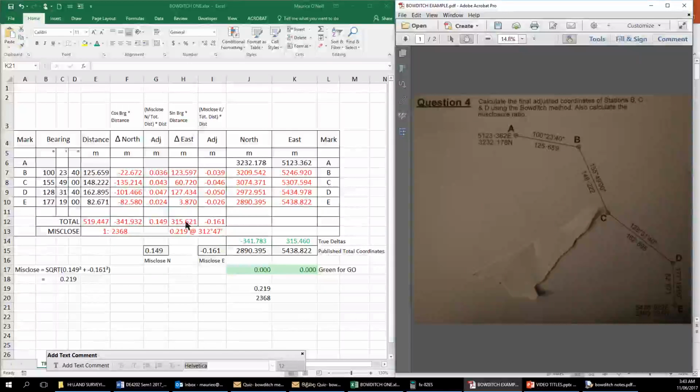Okay, and then using those differences, we worked out our Bowditch adjustment, which is fairly straightforward. It's written up here, and then we applied that, closed out our coordinates, worked out our misclose using Pythagoras, and then divided that into the total distance. That gave us our misclose of 1 to 2,368.